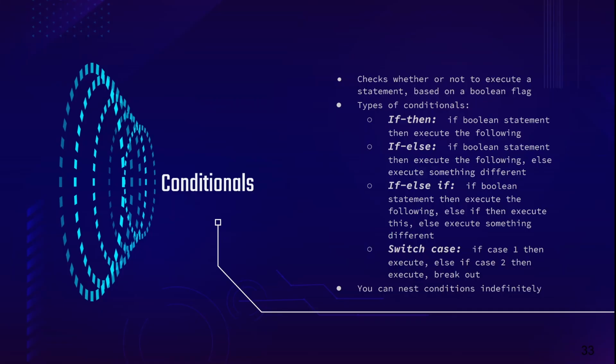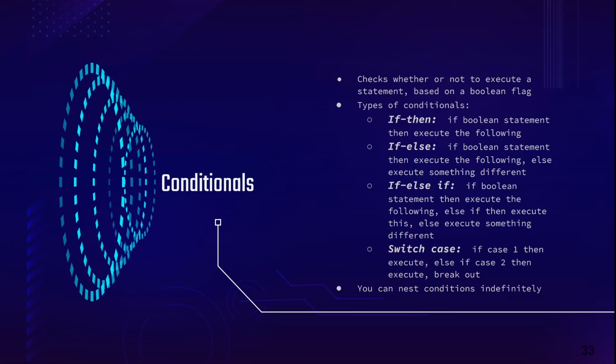Let's talk about conditionals. Conditionals are going to check whether or not to execute a statement based on some kind of flag. Conditionals are just a fancy way of saying if statements. So the types of conditionals: there's an if-then, which means when writing you're only going to write if, and if-thens are if a Boolean statement is true, then execute the following. Note that I'm saying Boolean, you don't have to write is true, is false.